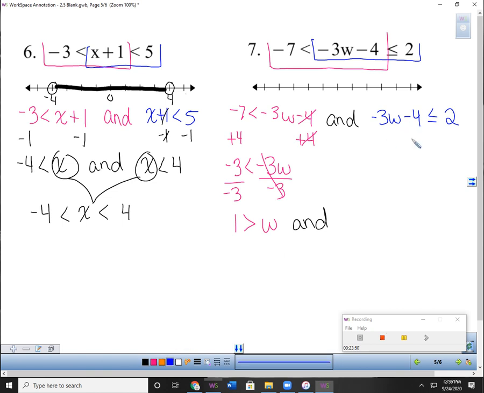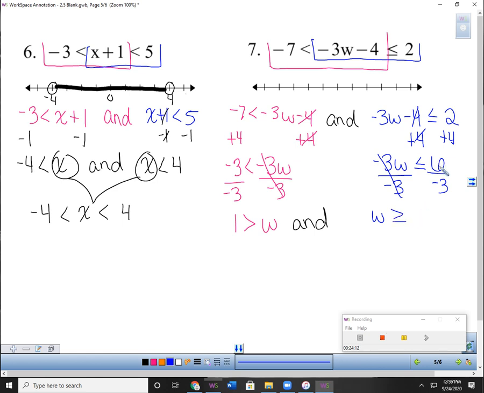On this side, same process. Add the 4. So negative 3w is less than or equal to 6. Divide by negative 3. When you divide by negative, you gotta flip your inequality around.